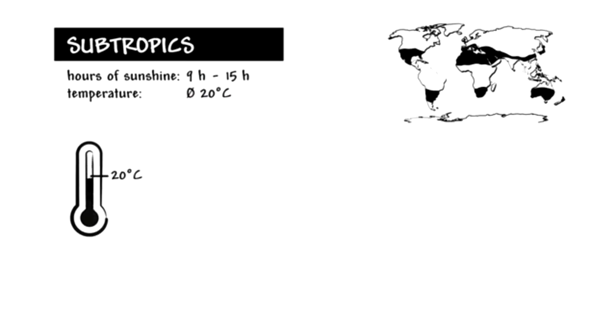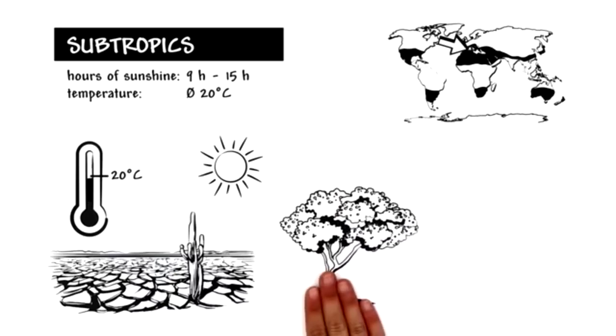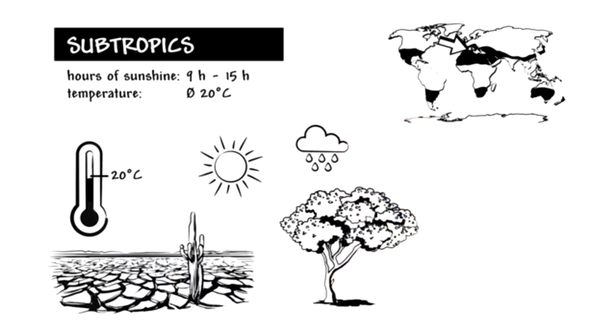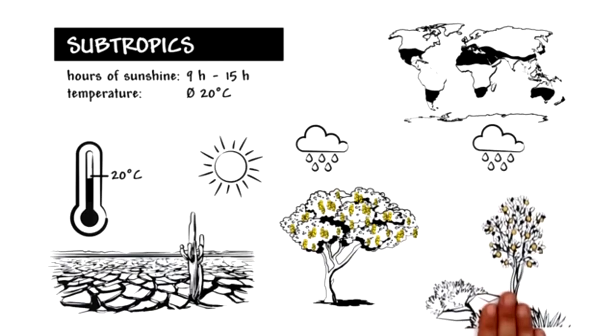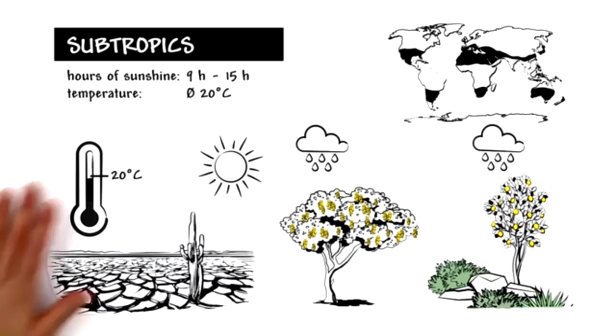The subtropics include a number of deserts, as well as the Mediterranean region. Here the summer months are relatively dry, while in winter plenty of rain makes the landscapes flourish. And then there are also regions where every month brings scattered showers. Different plants flourish here at different times of the year.